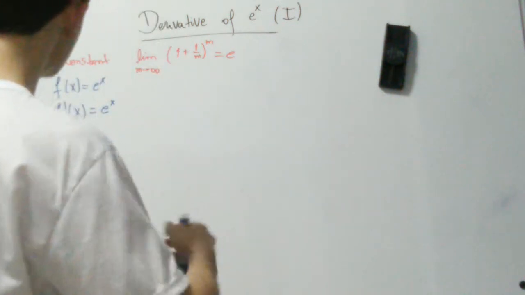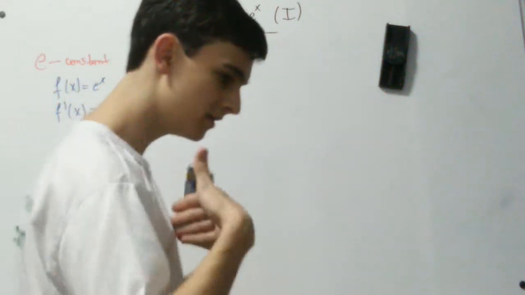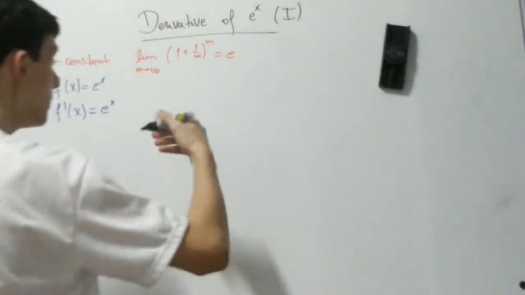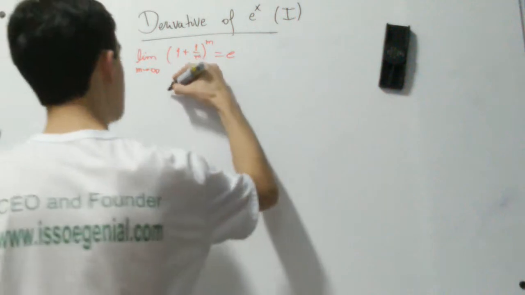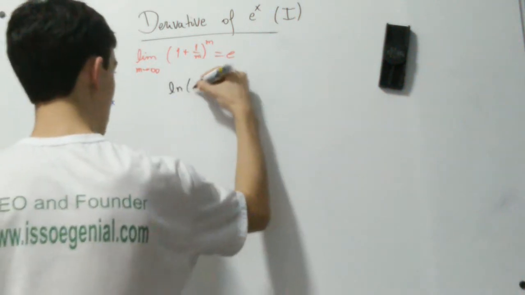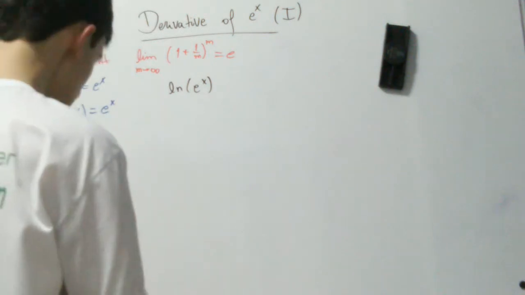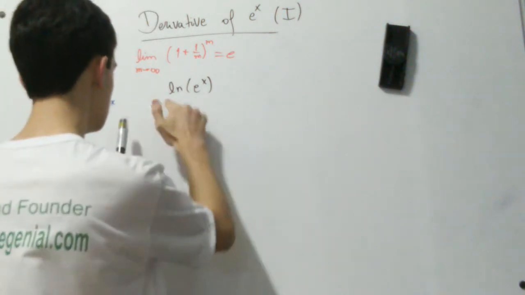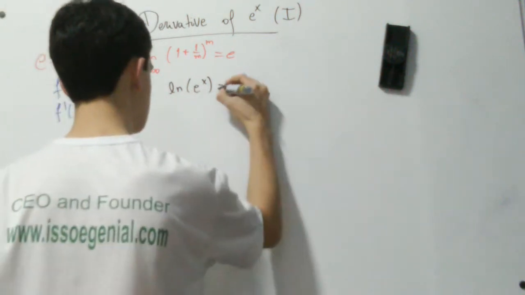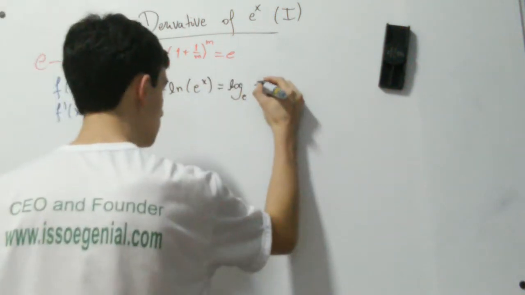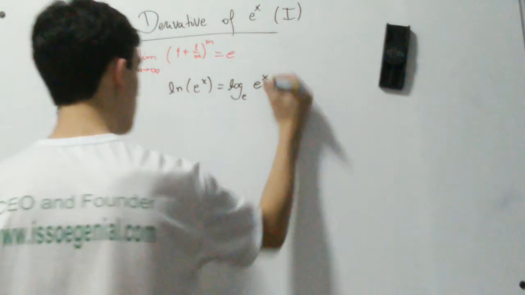So we're going to do this mathematical proof in an unusual way. Let's see. We're going to start with the natural log of e to the x. And we know that natural log is the logarithm base e, and the argument is e to the x.